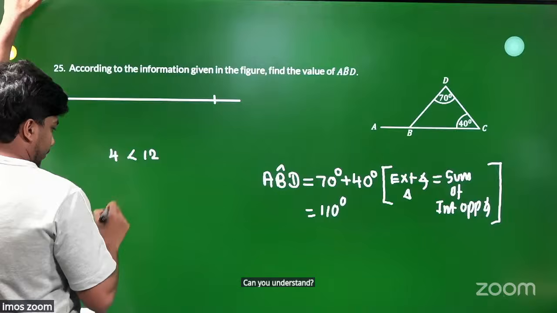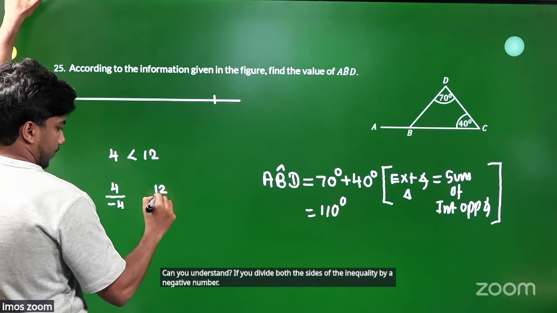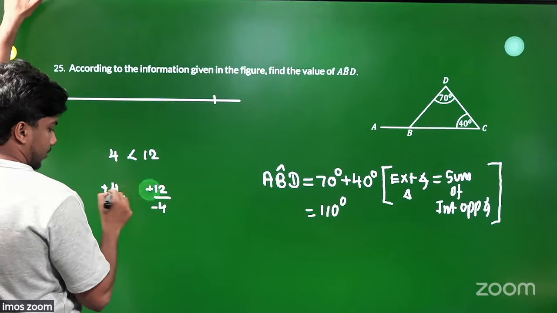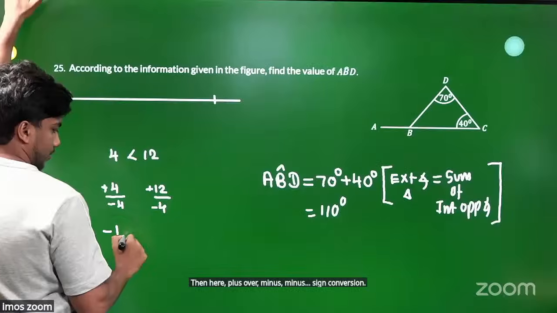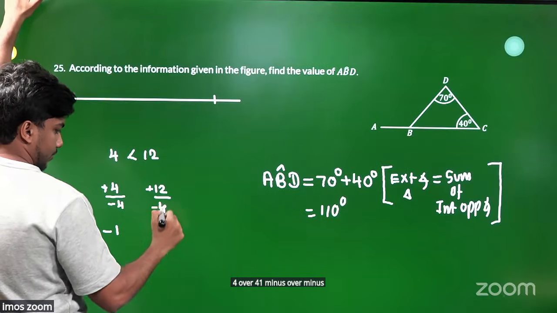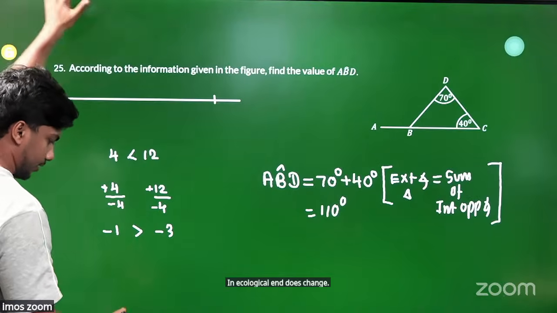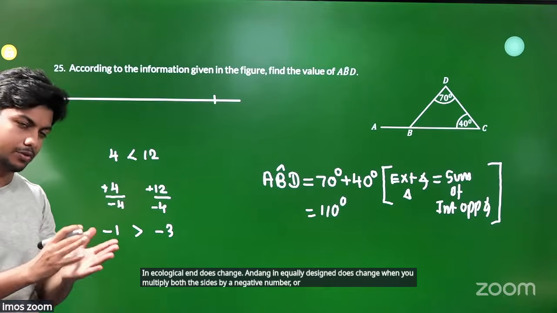If you divide both sides of the inequality by a negative number, you know the sign conversion, plus over minus. 4 over 4 is 1, minus over minus, 12 over 4 is 3. Which is greater of these two? -1. The inequality sign does change. So the inequality sign changes when you multiply both sides by a negative number or when you divide both sides by a negative number.